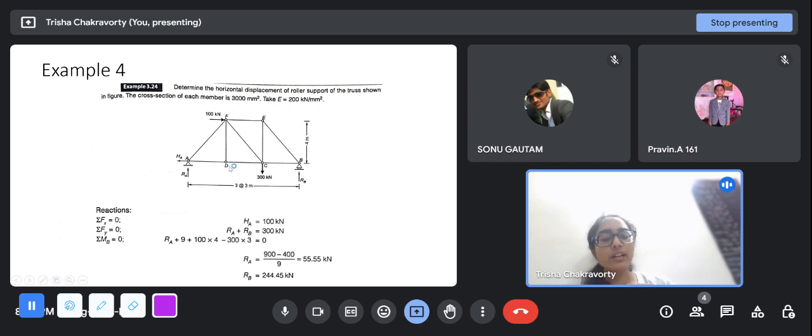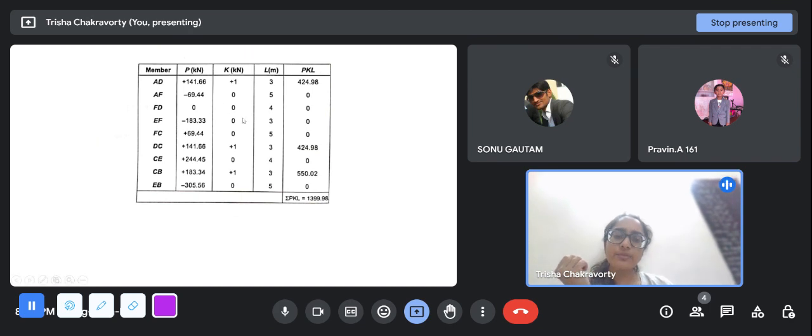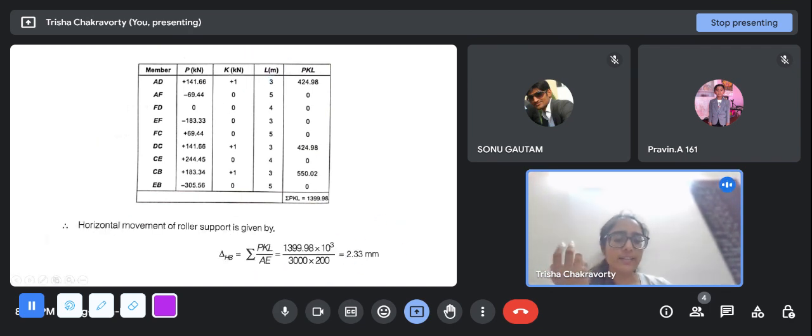Maybe all of them would not have come out zero like this, because that depends on the question. In here, it was really lucky that so many came out to be zero, but it may not be. So if there was a unit load here instead of here, then this won't be a zero force member, and from that you will find out the 9 forces again, the same way as you did for the P system of forces, and you will just find out the products, add them, divide by AE, and you will get the displacement of that node in the direction you have applied the force at.